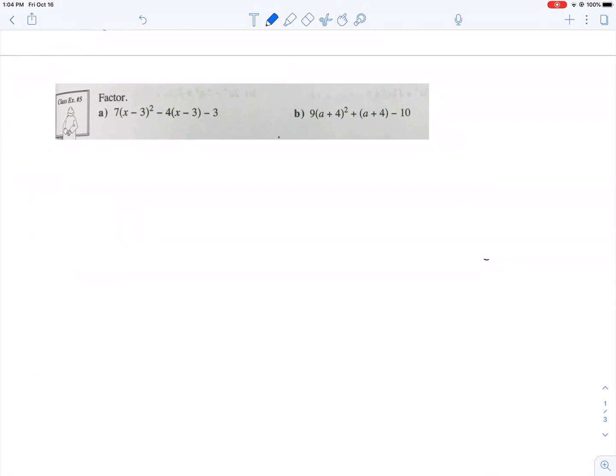Here, however, we have binomials. So I could say let a equal x minus 3. 7a squared minus 4a minus 3. So what multiplies to get negative 21 and adds to get negative 4? You guessed it.